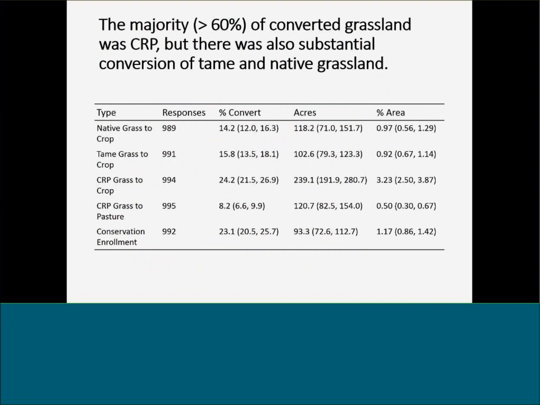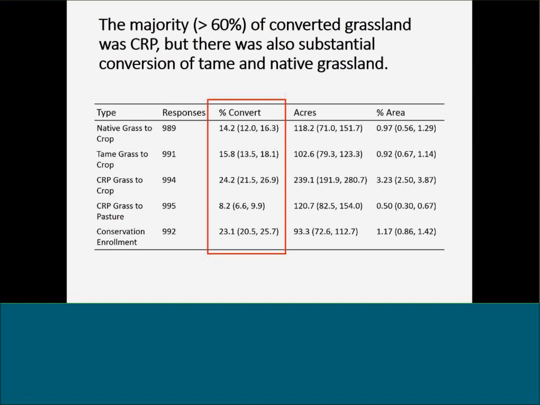If we want to look at some numbers here, in terms of the percentage of landowners, these percentages aren't mutually exclusive, because there are some producers who are doing more than one type of conversion.